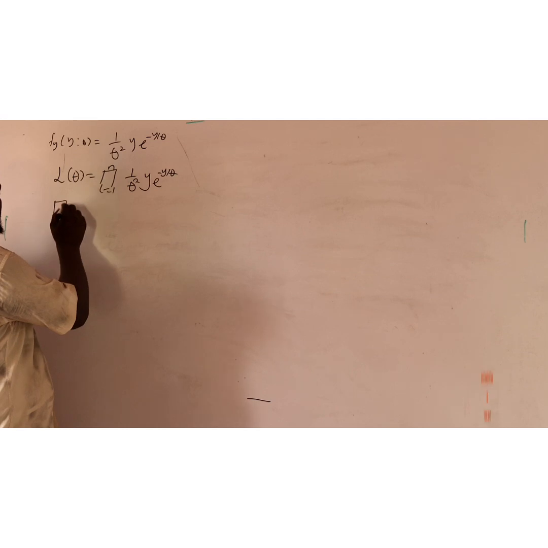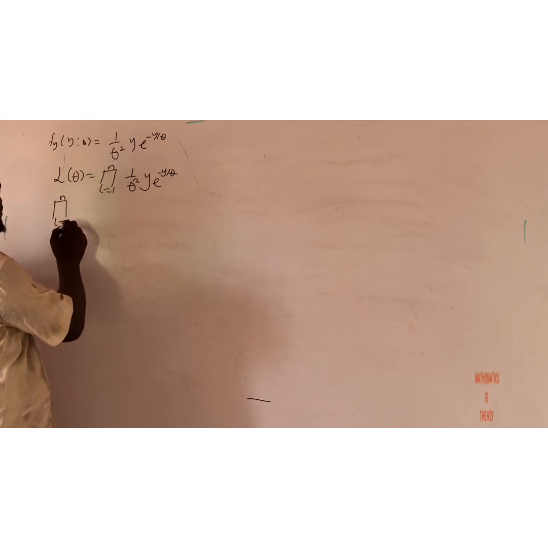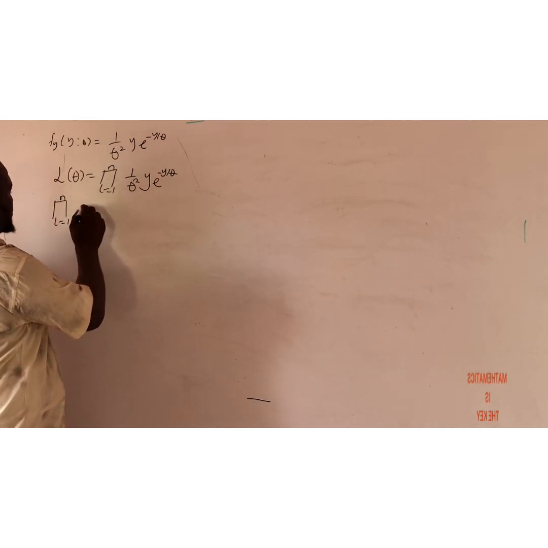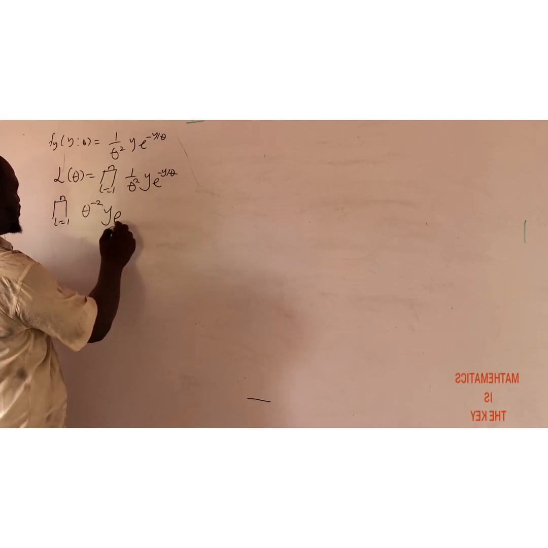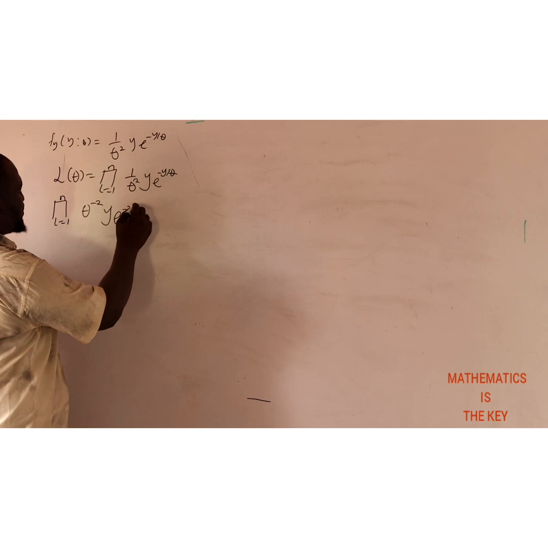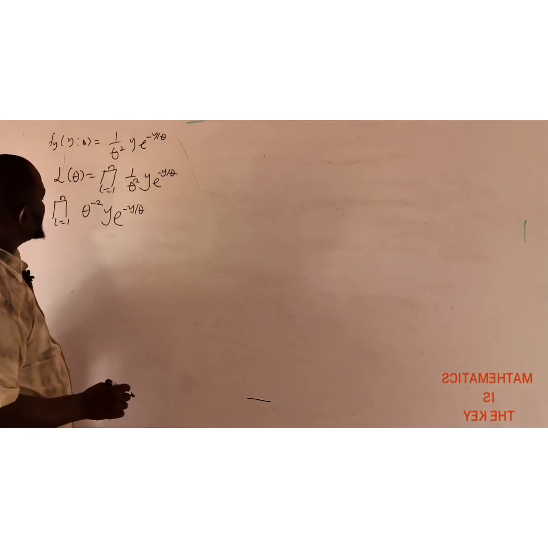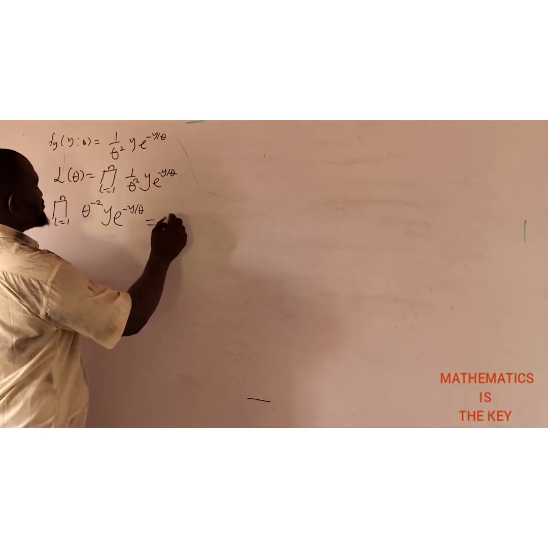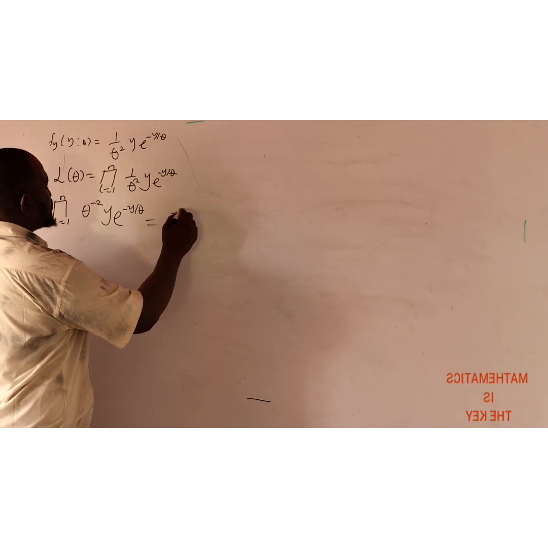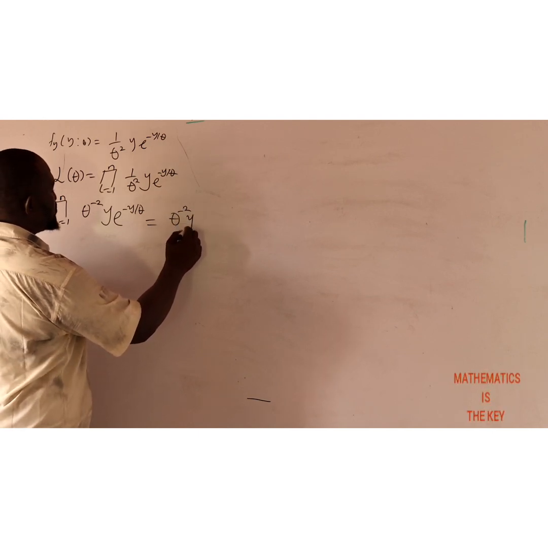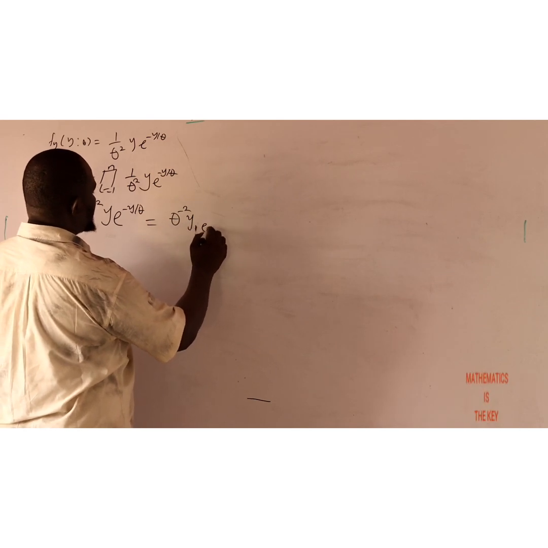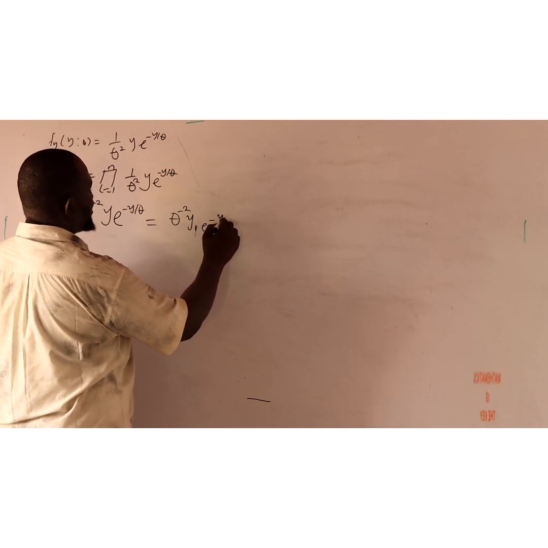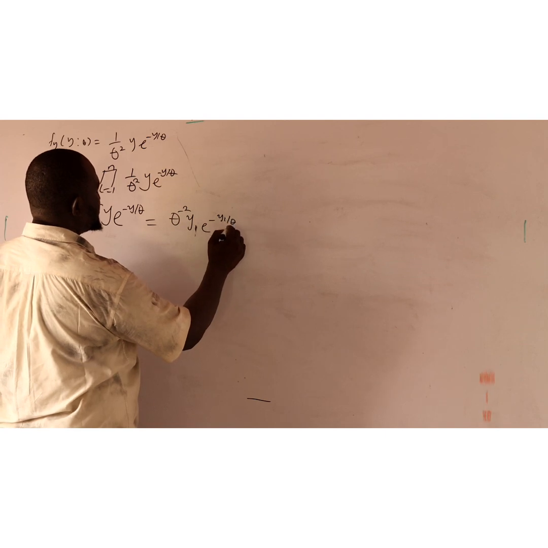So we are going to find the product from i equals 1 to n of theta to the power of minus 2, y exponential of minus y over theta. At the first point, we have theta to the power of minus 2, then y1 exponential of minus y1 over theta.